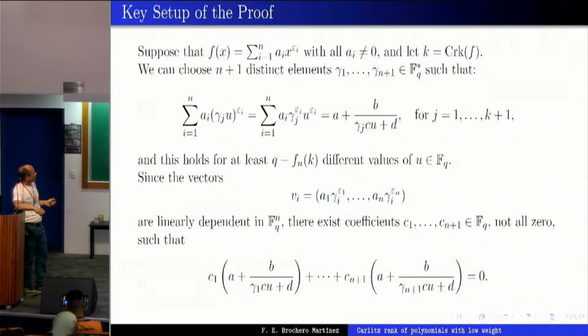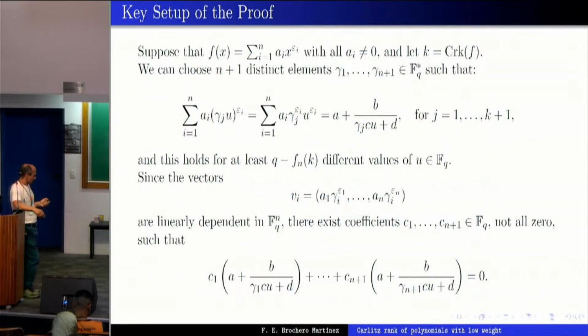Essentially, if one equation is true for q minus k values, where k is the number of poles, then we can use the other equations, and the number of points that don't satisfy this relation has to be very small.